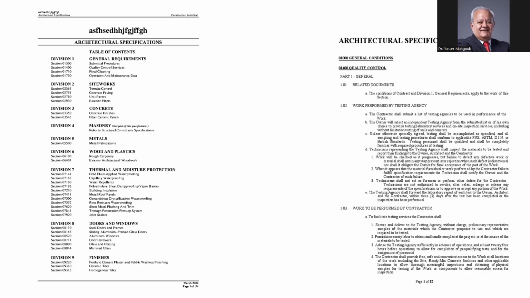And any change, you have to update your documents. Specs are divided into divisions. Each division is divided into subdivisions. Each subdivision is explained separately. All these documents must be read and understood and matched with the drawings.